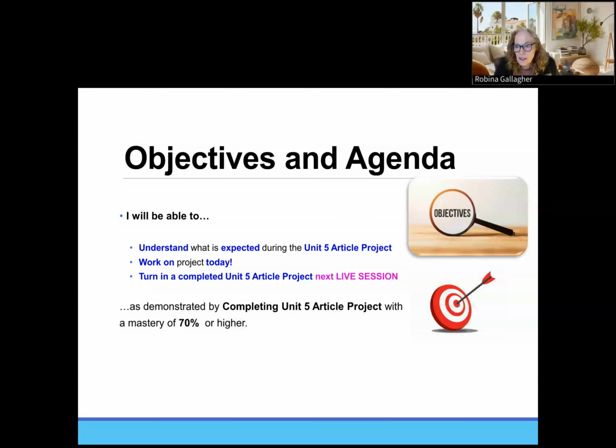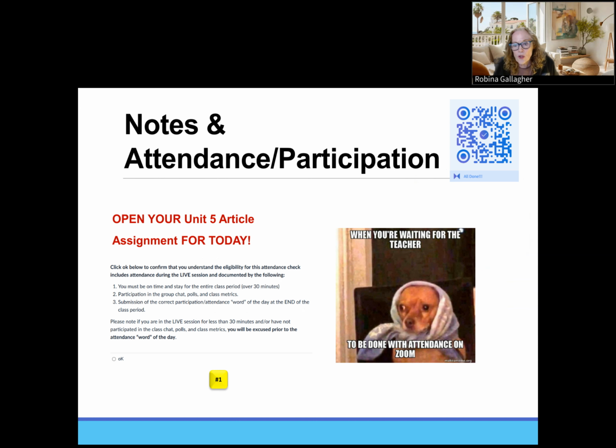So our objective for today is to understand what's expected of our Unit 5 article project. We're going to work on the project today, complete questions 1 through 8, and then tomorrow we will finish it and actually turn it in. Okay. So know that at the end of class today, there is an attendance check.